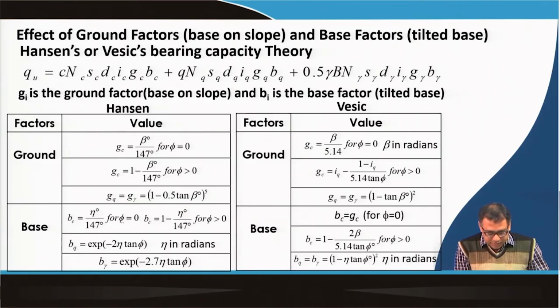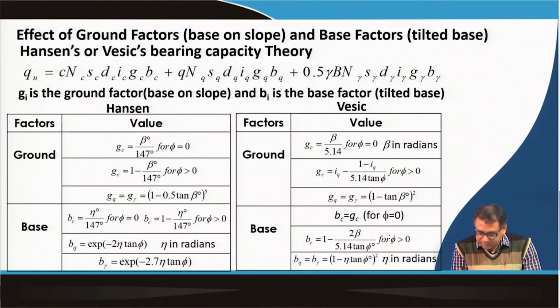Similarly, Bc also can be determined by this equation for phi equal to 0, and Bc by this equation if phi is greater than 0, and Bq by this equation. But remember that here eta is in radians, and B gamma can also be determined by this equation, where eta is also in radians.